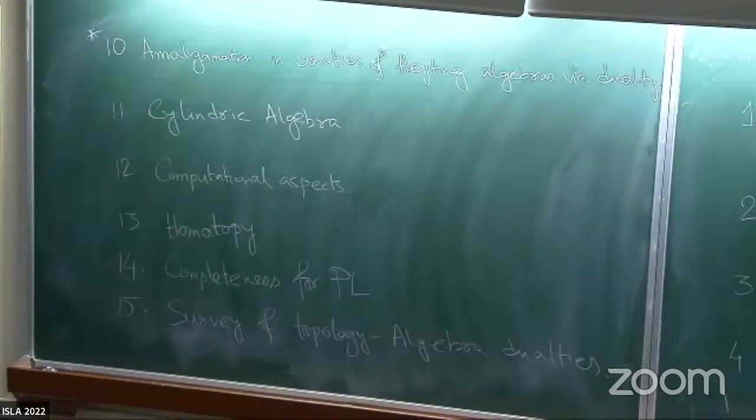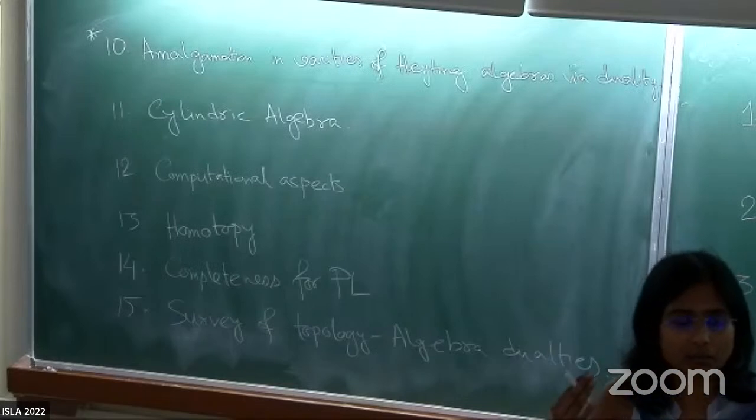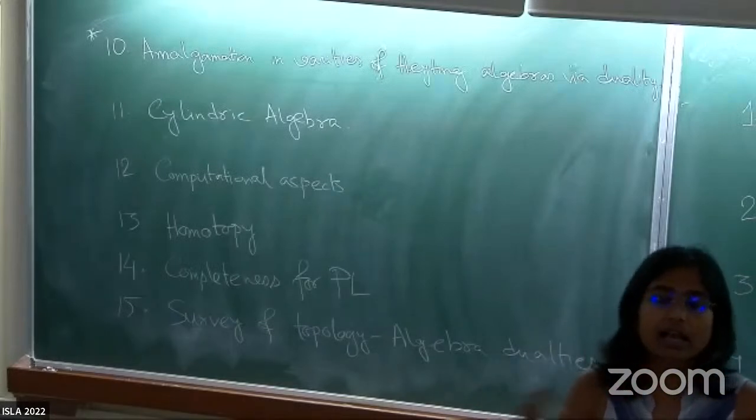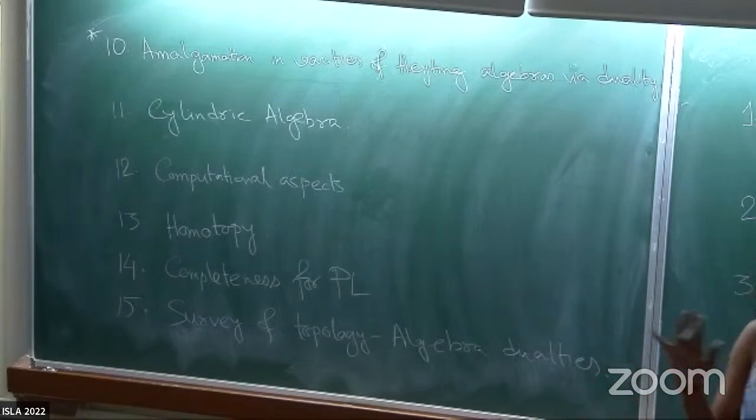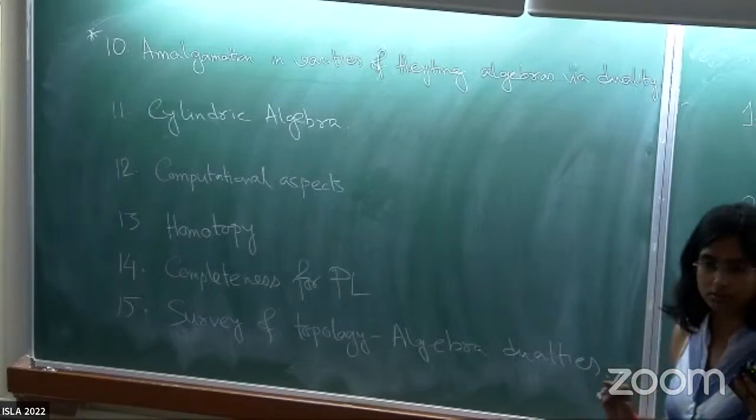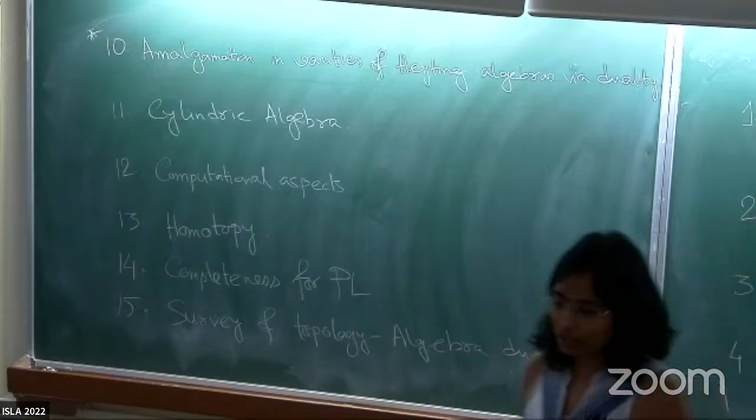So that project is about whatever dualities have already been worked on between algebra and topology: how many of them you can find, and not only find, but try to understand what structures they are, what algebra and what topology, and what the functors are, roughly. Then just think about it and write down in your own language what algebra and topology are related and what the functors between them are, more or less. So that is the idea of that fifteenth one. Anything else? That's it, I guess.